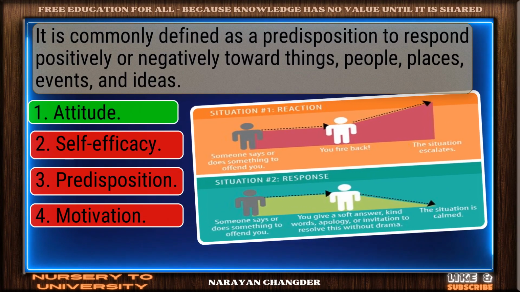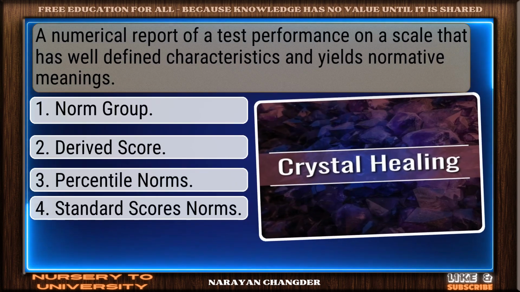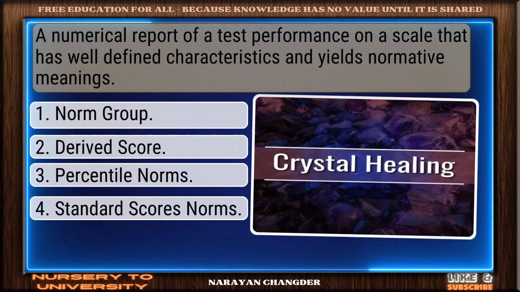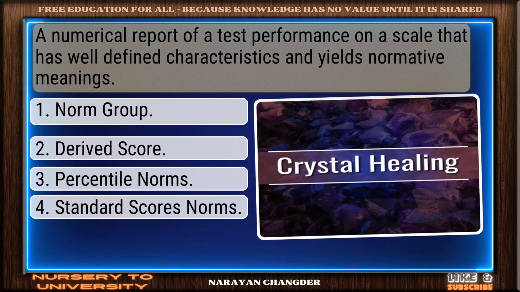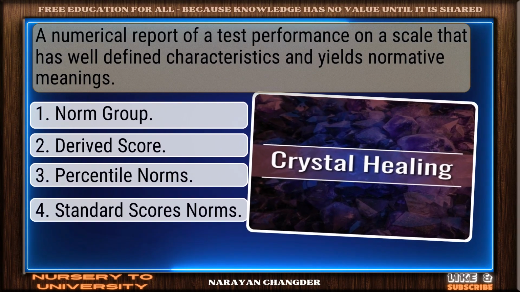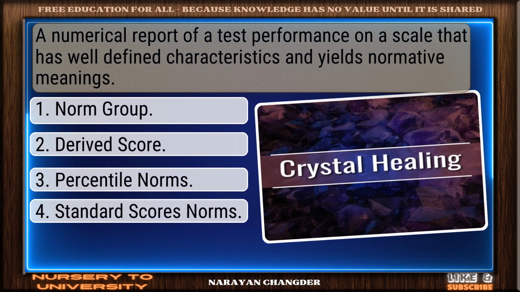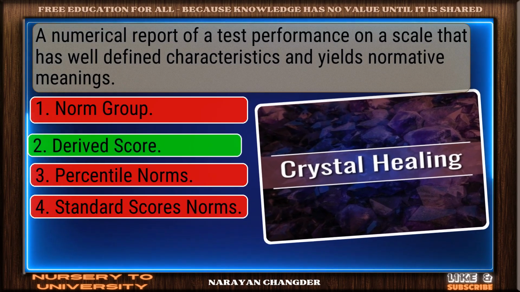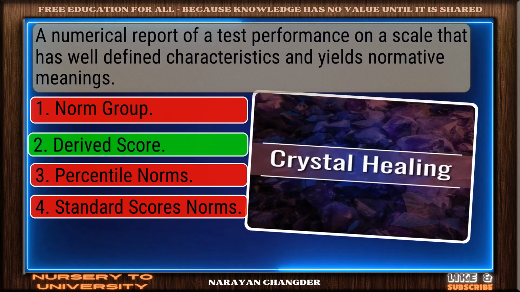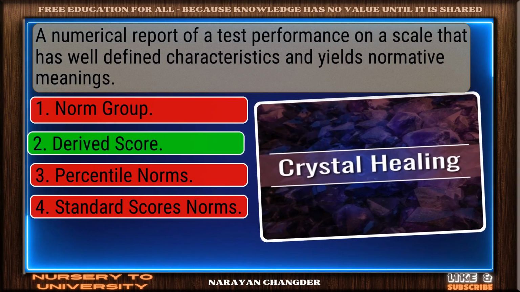Smart pick. Attitude is the correct choice. A numerical report of a test performance on a scale that has well-defined characteristics and yields normative meanings. Exactly. Derived score makes sense and it is the right choice.